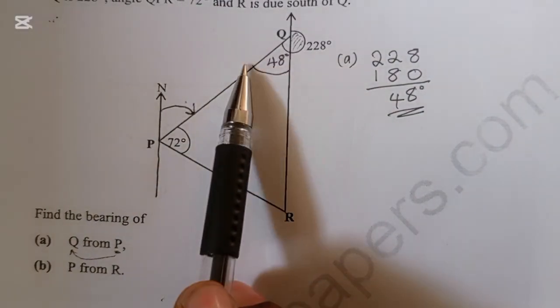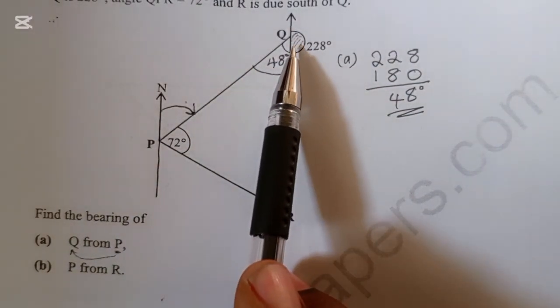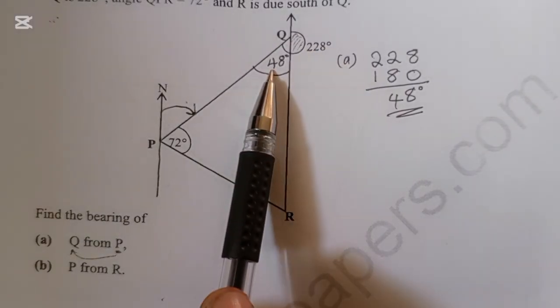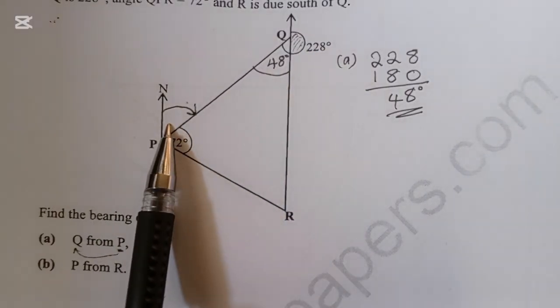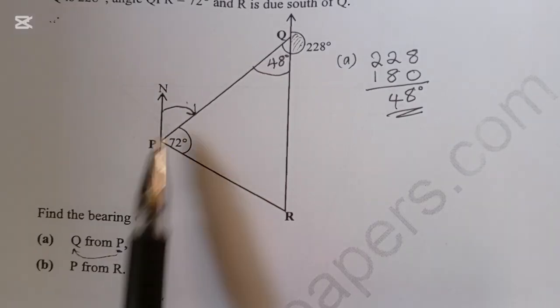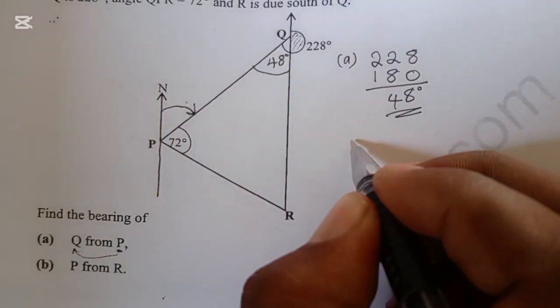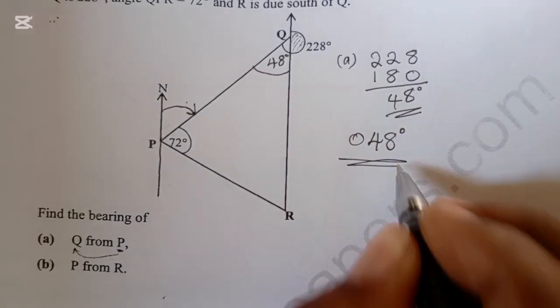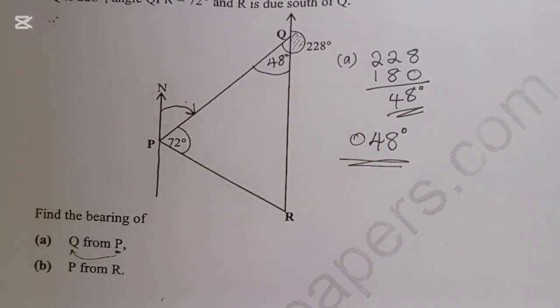So 48 degrees plus this 180 will give us 228. So this 48 is alternating with this angle. So therefore the bearing is 048 degrees. Remember that bearings are calculated in 3 digits.